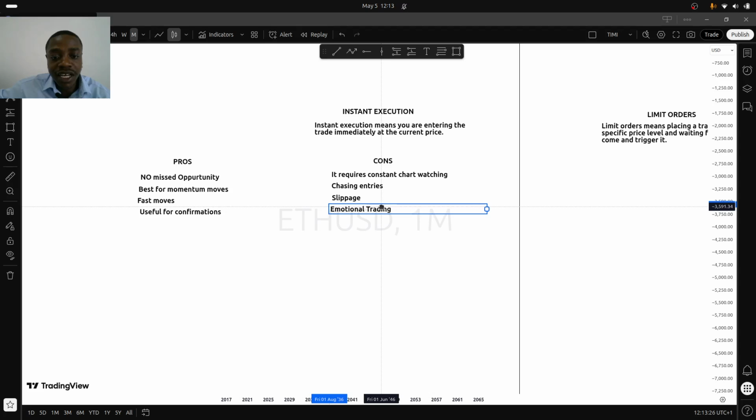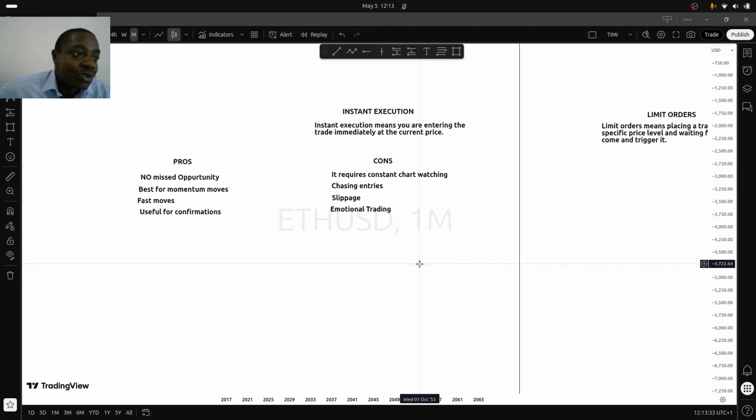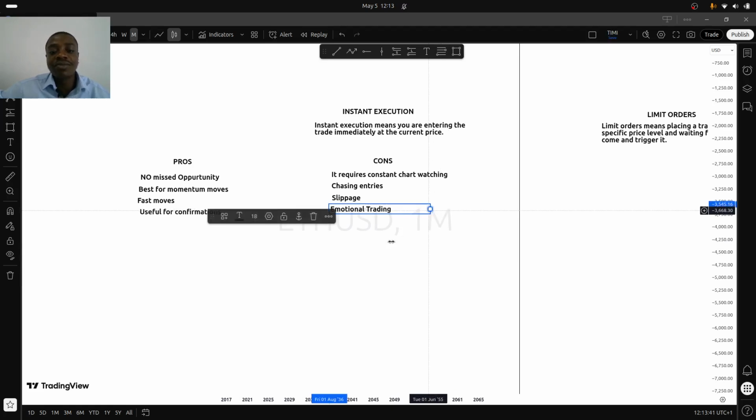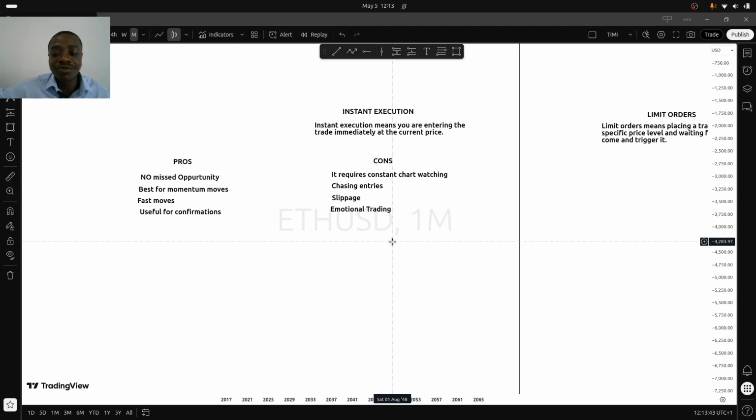Your decisions are clouded by the fast movement of the candles that you are seeing, which leads you to trade emotionally instead of following a structured plan. You start entering trades randomly because you are seeing movement, and your brain cannot relax and try to dissect the whole movement. So you start jumping, chasing entries, trading anything.